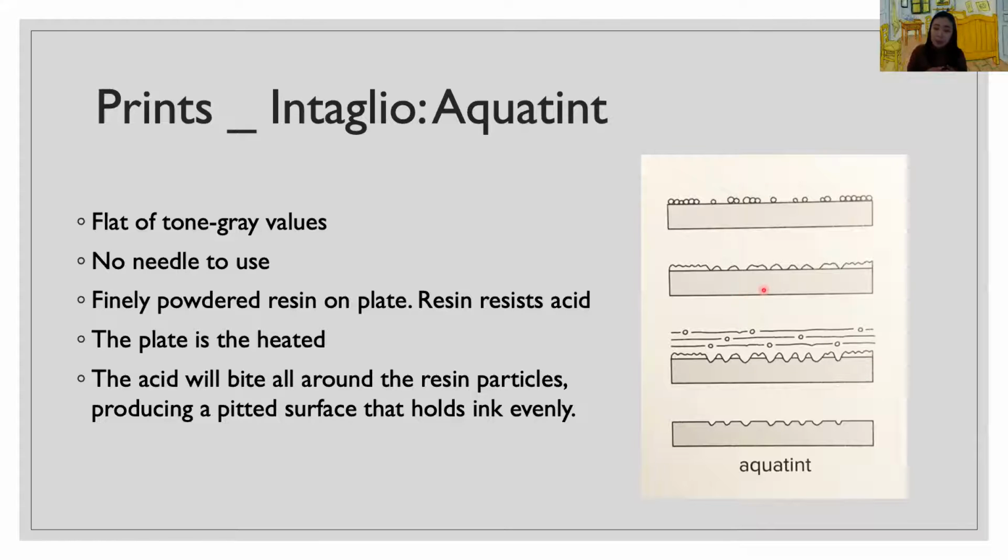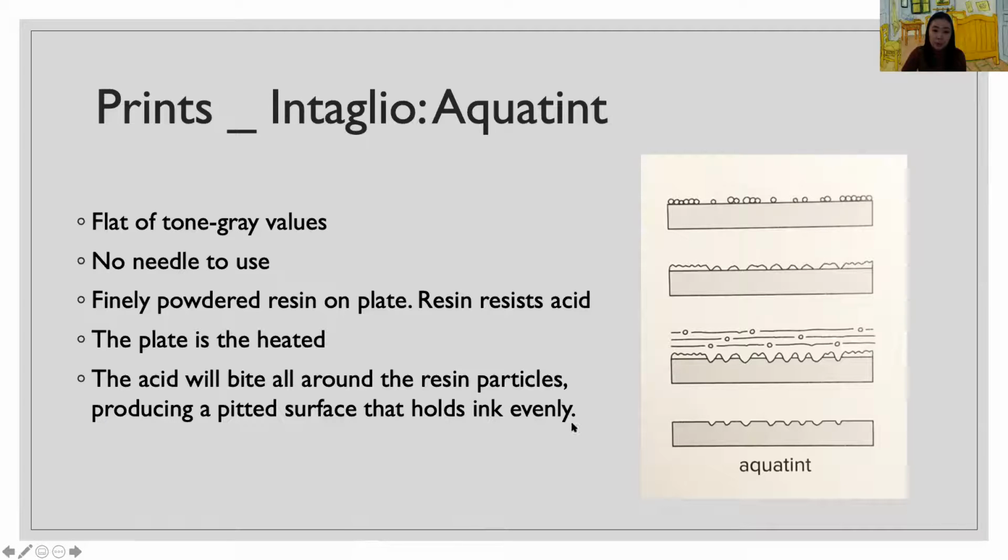And the artist blocks non-printing areas with ground and brush, and dips the entire plate into an acid bath like this. And the ground is removed and the plate is inked into the incised area and then printed. So for the aqua tint, the artist just uses the acid and the ground to make an image.